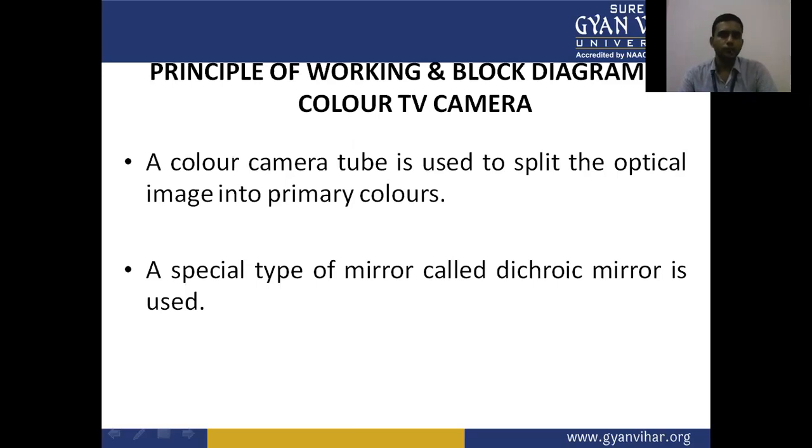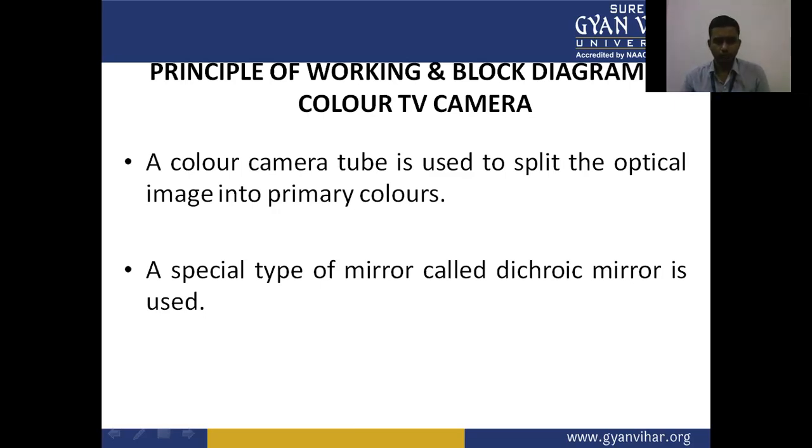Now the principle of working, in the block diagram of the color TV camera. Before discussing the color TV camera, we recall how the black and white TV camera converts the optical image into the electrical signal.